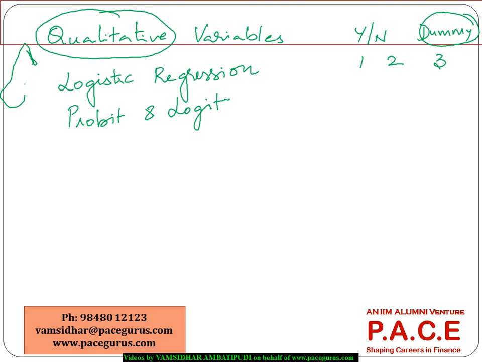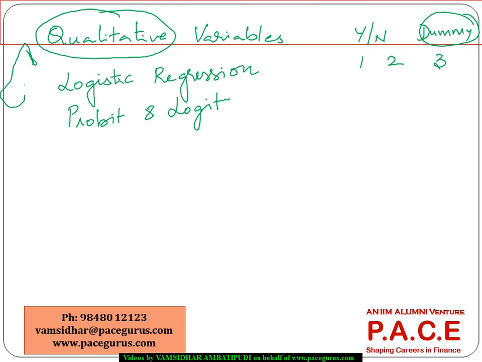Even we have a mechanism called discriminant analysis, which can use logistic regression kind of a process. Especially as an example, if I said, do I need to give a loan to this person or not? Will this person default on the loan or not? Should he be treated as a good customer or a default customer? For doing such kind of analysis where the dependent variable is a categorical or binary kind of a variable, we will use these separately.